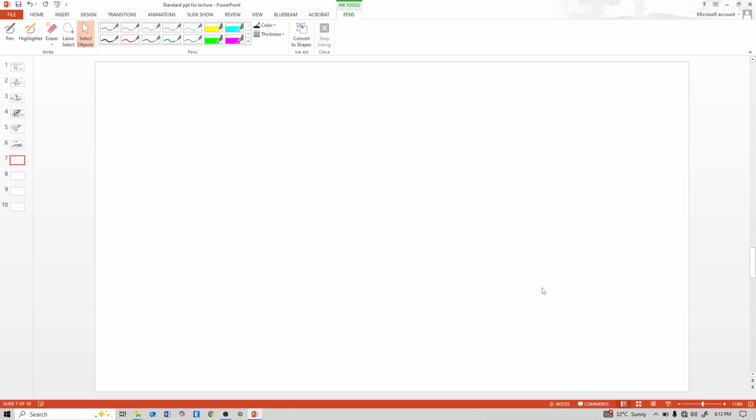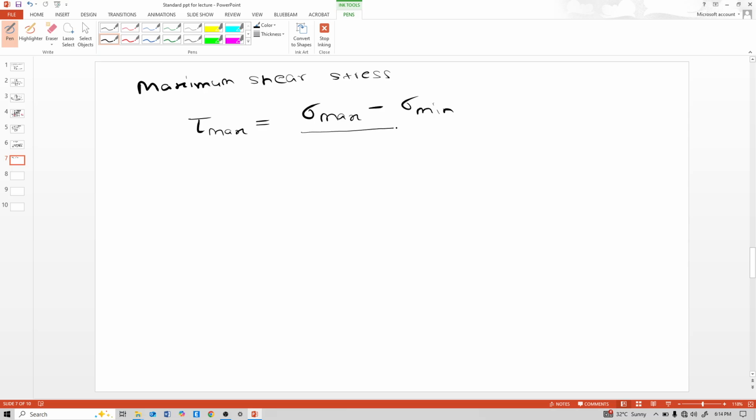Next is maximum shear stress, denoted as tau max. Tau max is equal to sigma max minus sigma minimum, divided by 2.